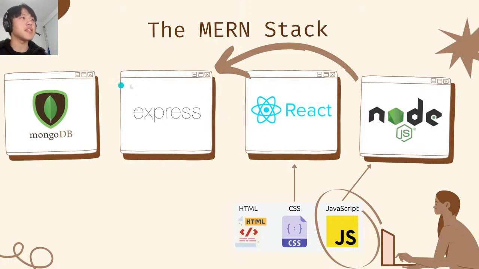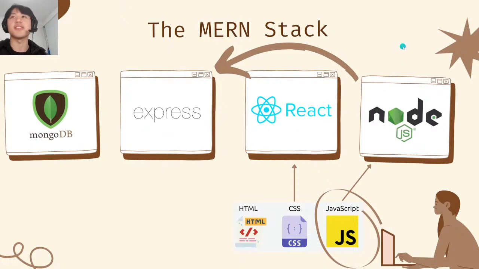These choices for our tech stack are not necessarily the most important thing. It really depends on a case-by-case basis. But today we will be focusing on these four as a combination. So that is a brief introduction into the MERN stack.